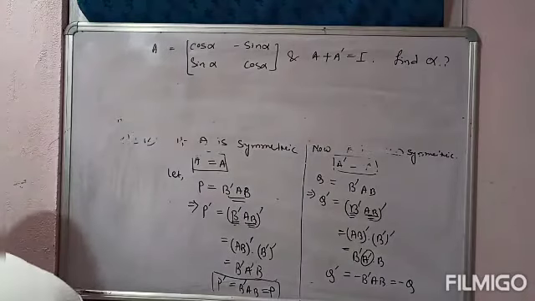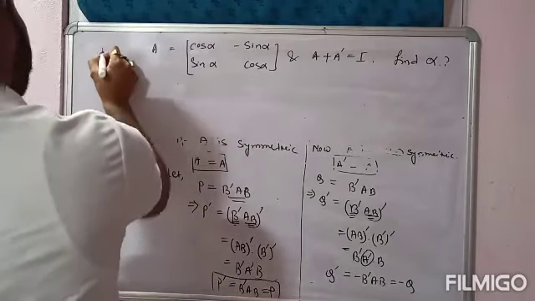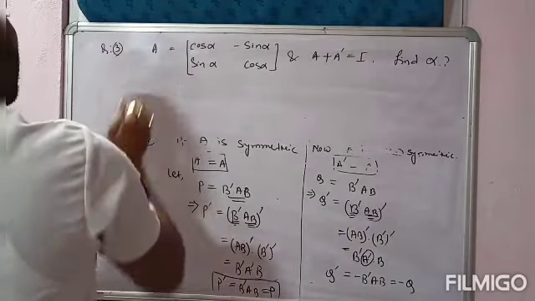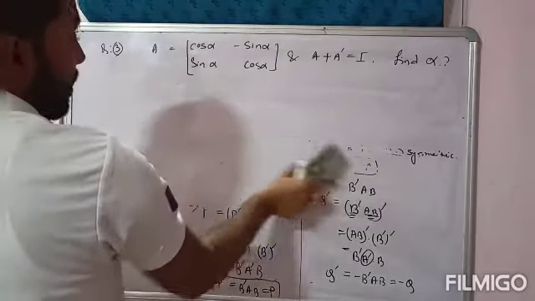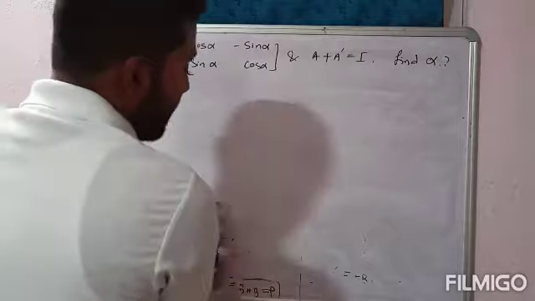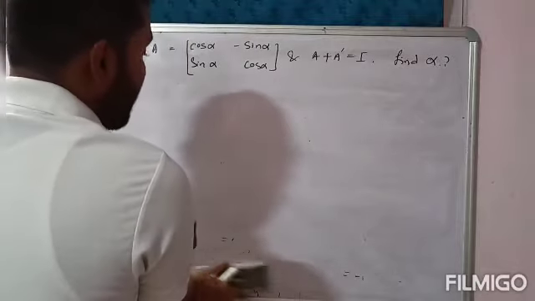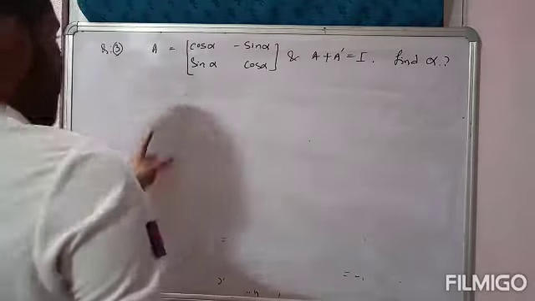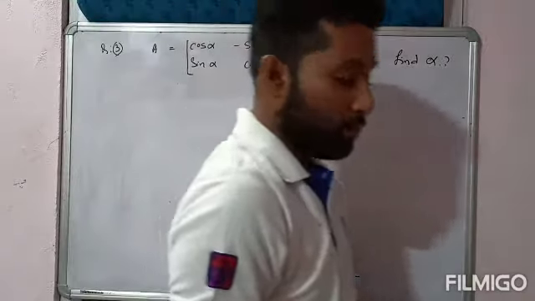Okay, this is the third question. Go through the question again. If a square matrix A is given, cos alpha minus sin alpha, sin alpha cos alpha, and A plus A transpose is equal to I.